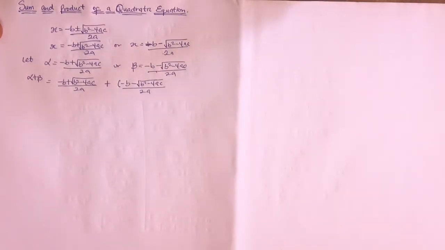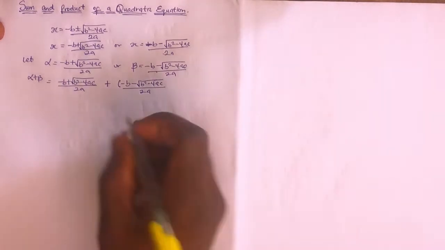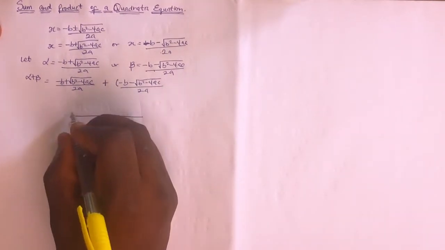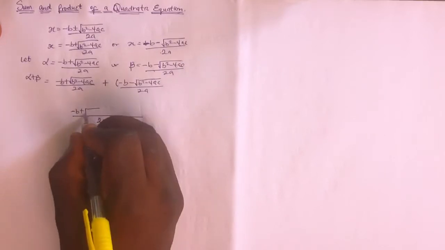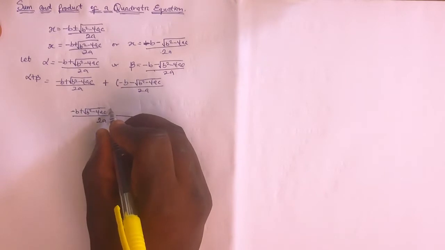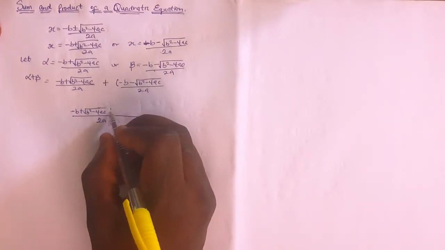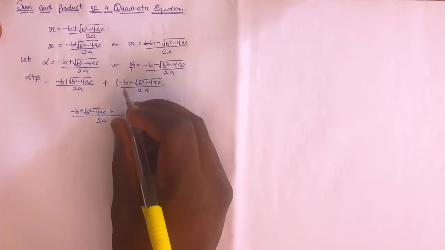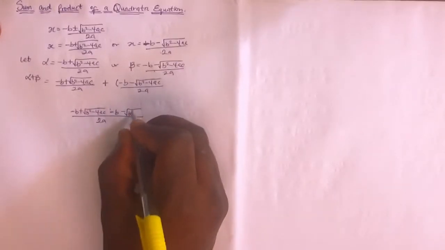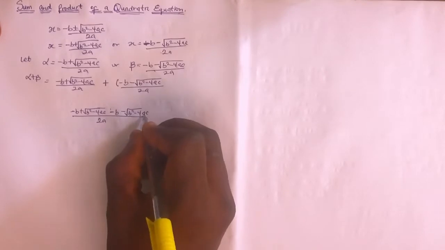I can find the LCM, which is 2a, right? So I will have minus b plus root of b squared minus 4ac, plus the second bracket, which is minus b minus root of b squared minus 4ac. That's just it.